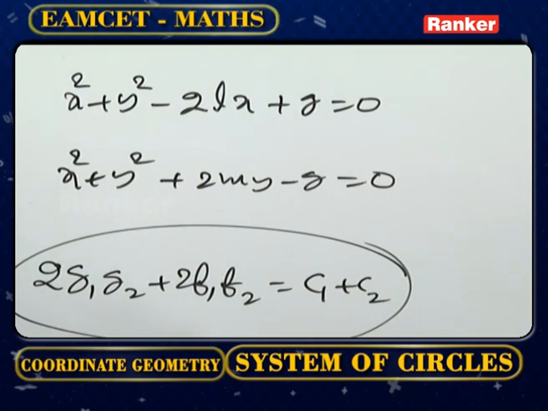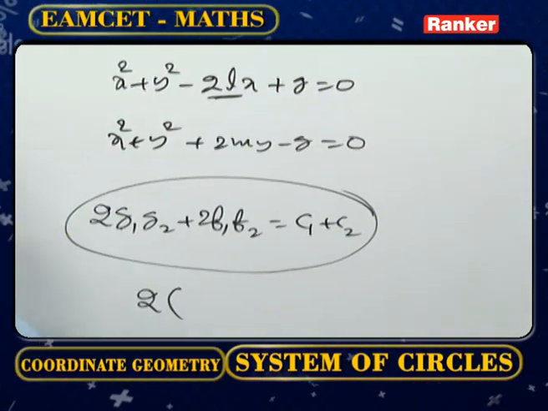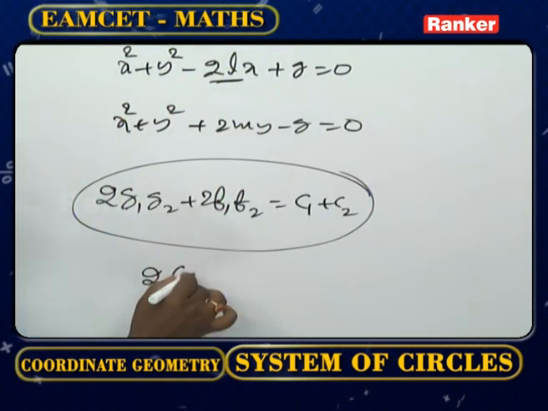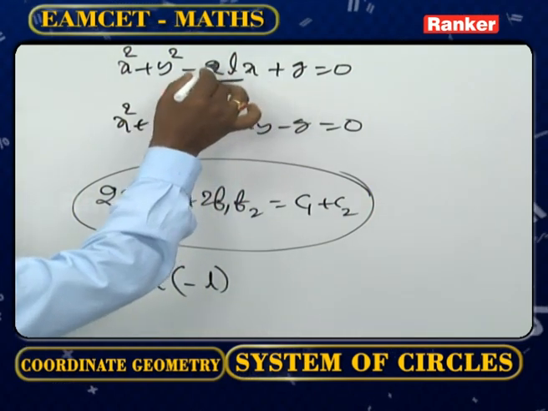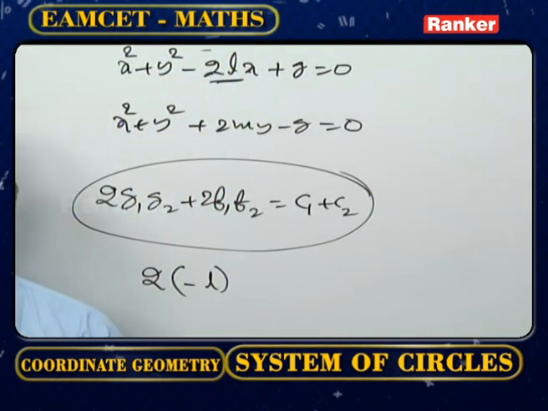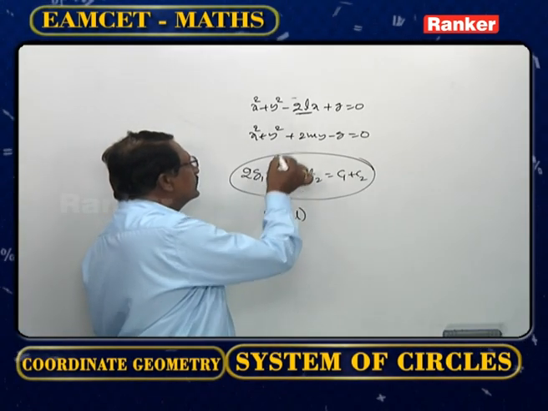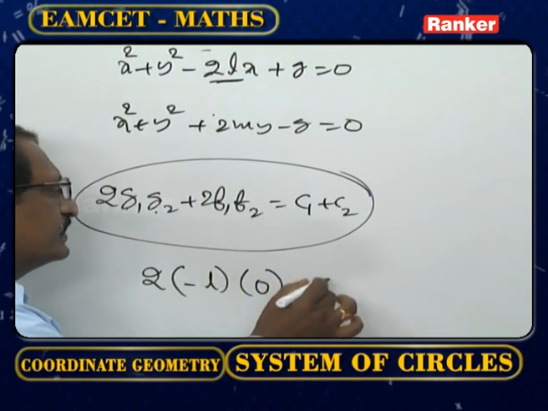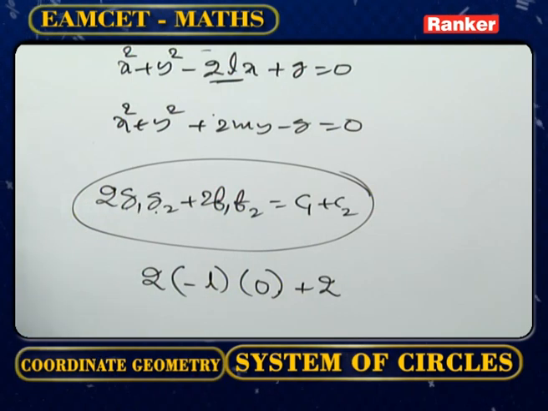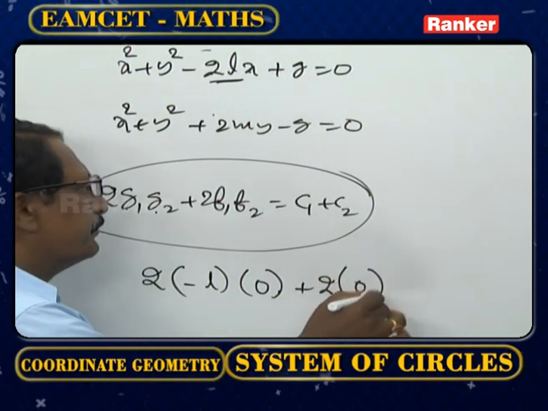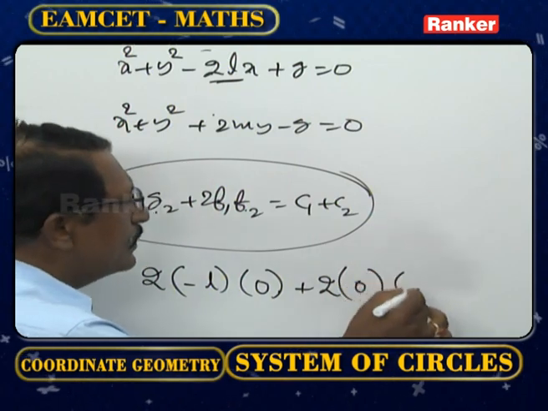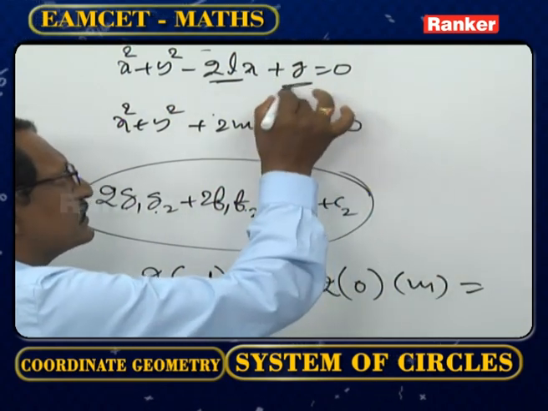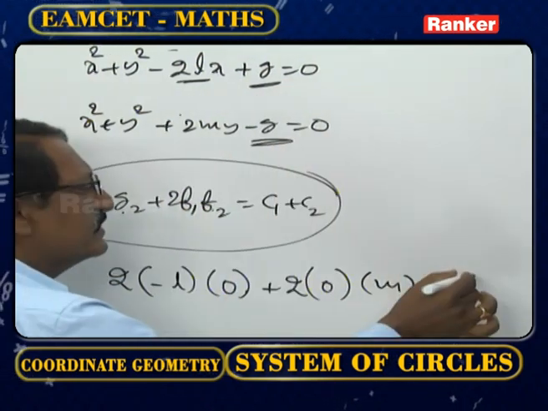Now g1 is half of the coefficient of x in the first circle equation, which equals −l, because the coefficient of x in the first equation is −2l. Next, g2 equals 0, because there is no x term in the second equation. f1 equals 0, because there is no y term in the first equation, and f2 equals m, half of the coefficient of y. c1 equals g, c2 equals −g.